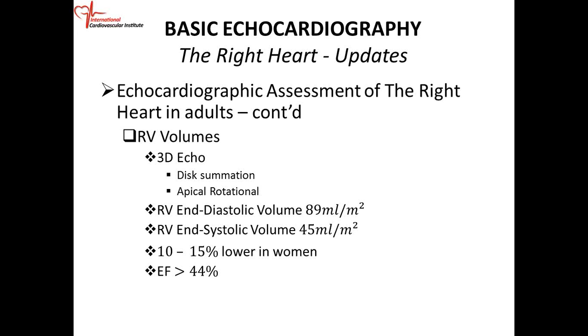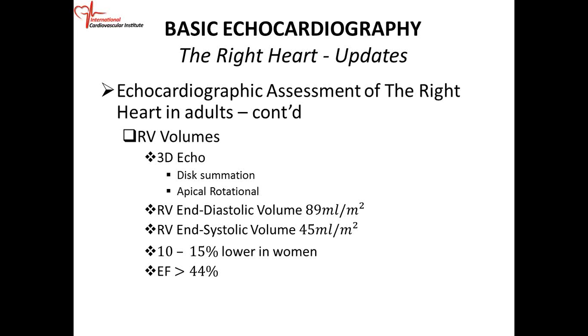And if you use your 3D echo, the right ventricular end diastolic volume should be about 89 mLs per meter squared. So it's indexed. You can see that it's indexed. It's divided by the body surface area. So the normal is about 89 mLs per meter squared, and then the RV end systolic volume is about 45 mLs per meter squared. It is about 10 to 15% lower in women.